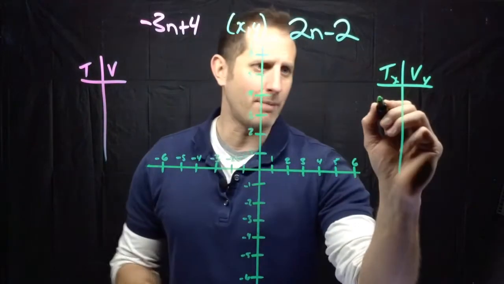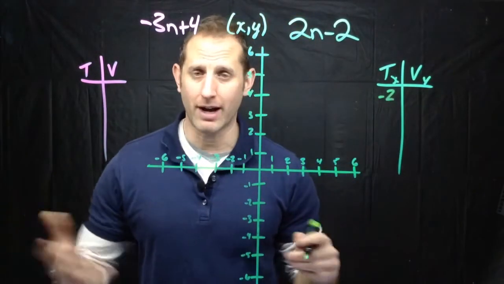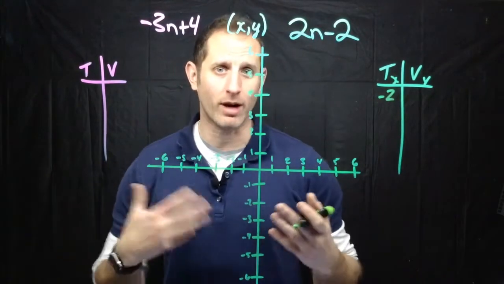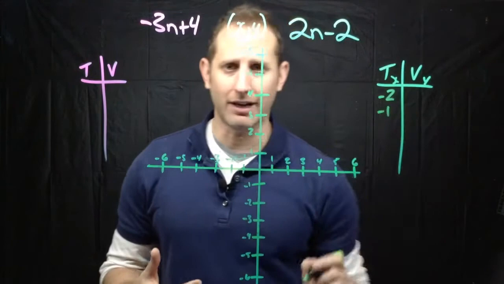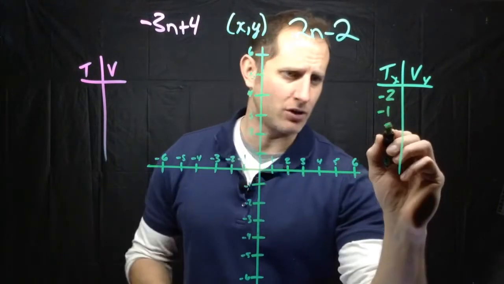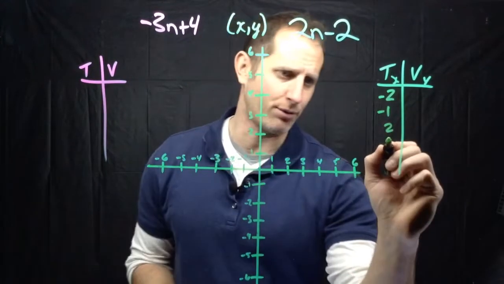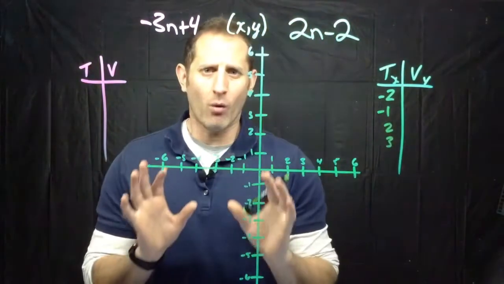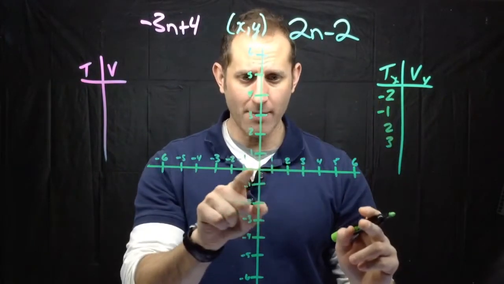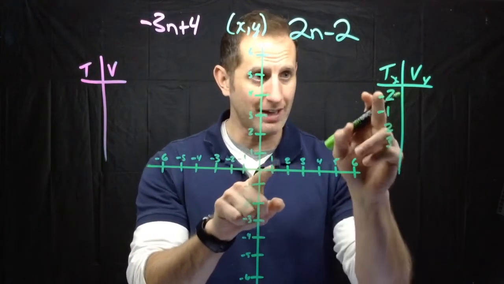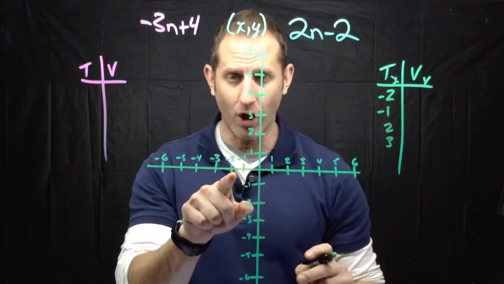So I'm going to start by putting -2 down, and I'm just randomly picking whatever I want the x value to be. So I'll do -2, I'll do -1, and then I'll do, let's say, 2 and let's say 3. Now, why does this matter? This means that on the x-axis, I'm going to actually be using this number to move on the x-axis.